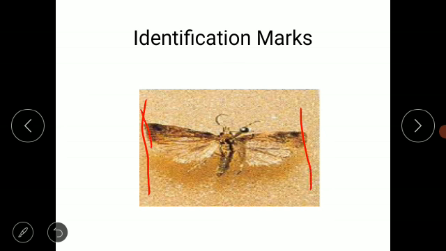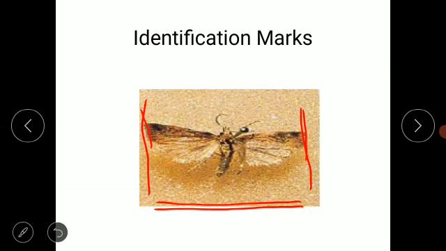This is the first line, this is the second line. If we spread the wings of the insect and measure the distance in between, this distance is known as the wingspan. So the wingspan is 3 centimeters.